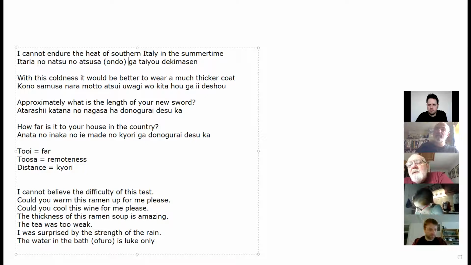Andy, how do we make the hottest using the kanji? So if we look up atsui for the weather, this is kan, isn't it? Sorry.